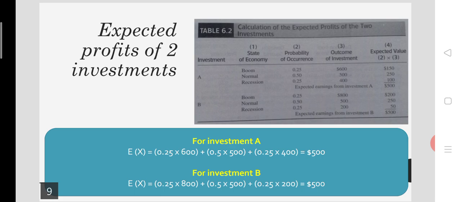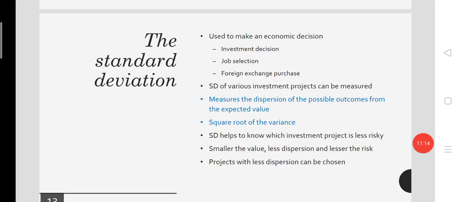Then we have another methodology. The methodology is standard deviation.